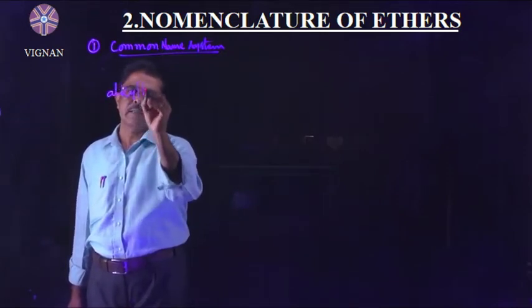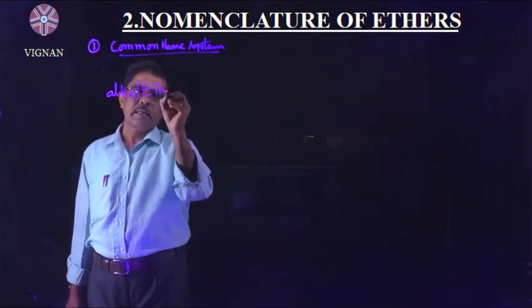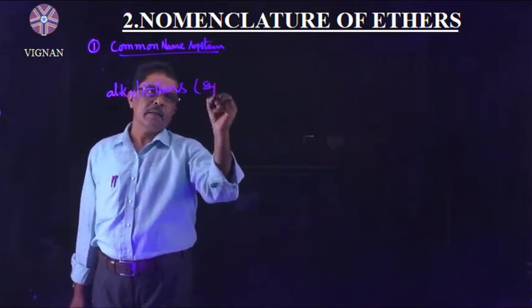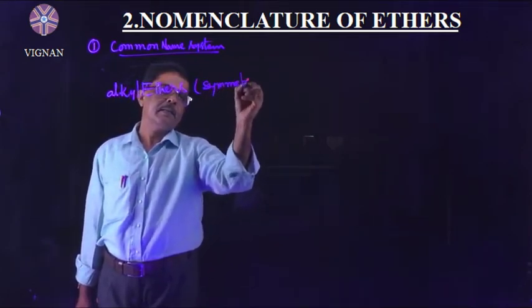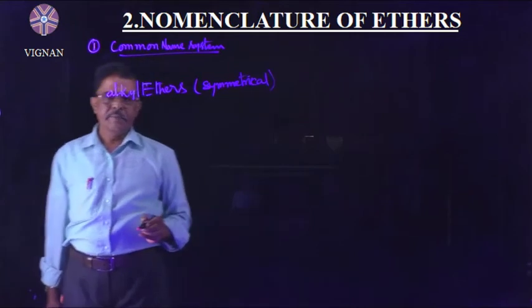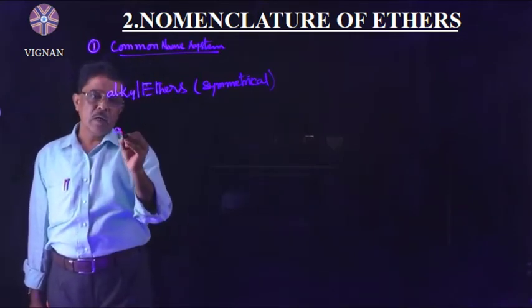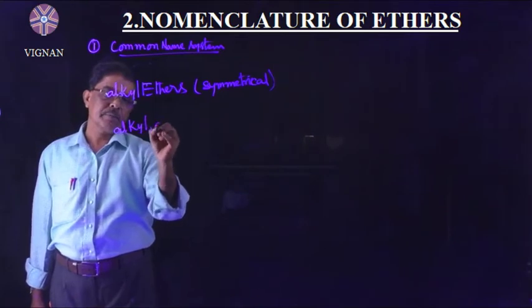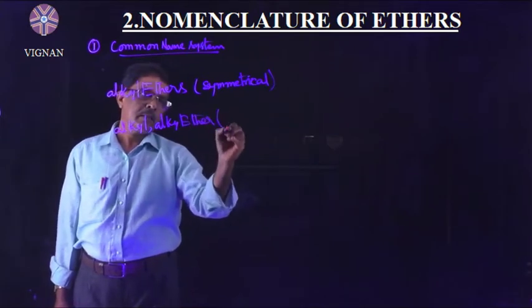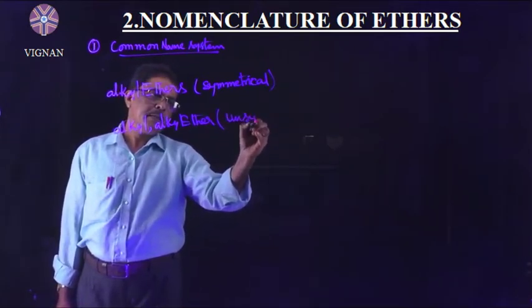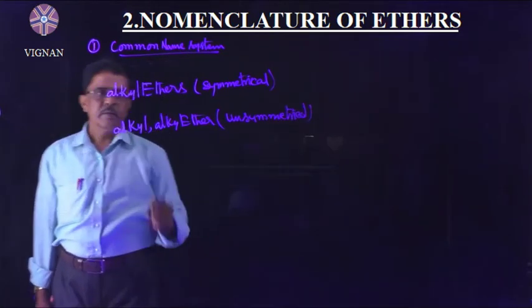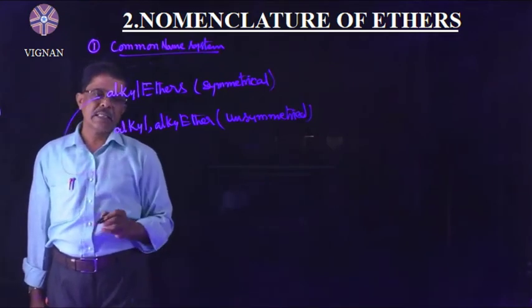For symmetrical ethers, we can say alkyl ethers. But alkyl alkyl ether name is given for unsymmetrical ethers. Let us take an example for symmetrical ether.